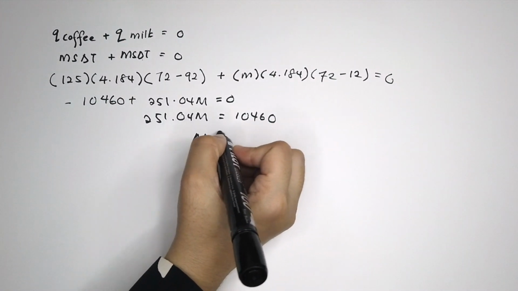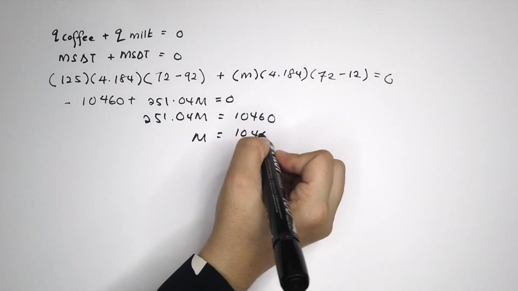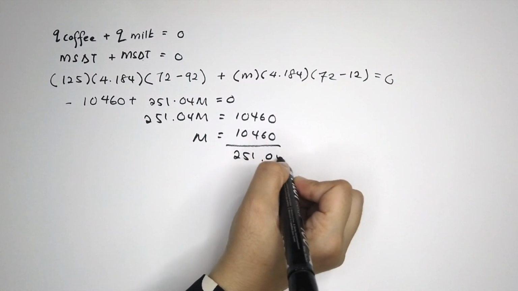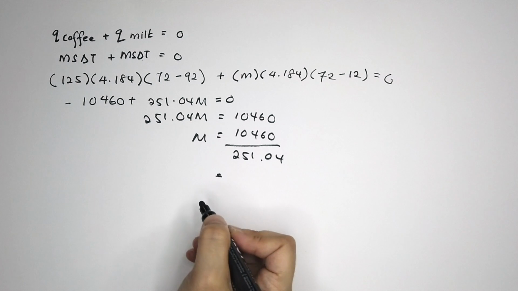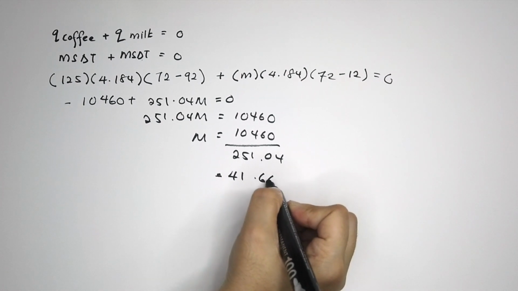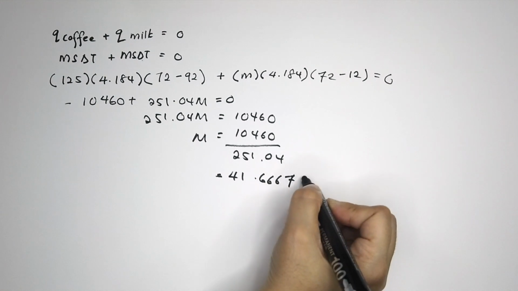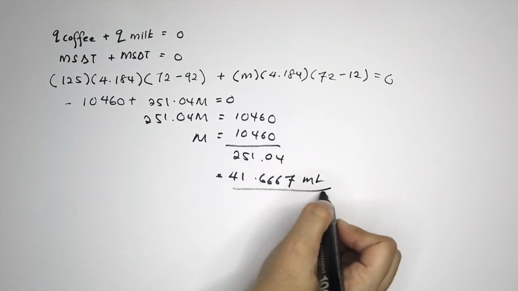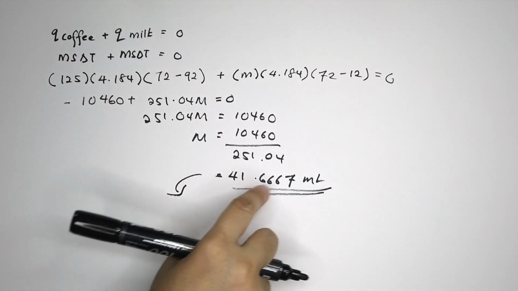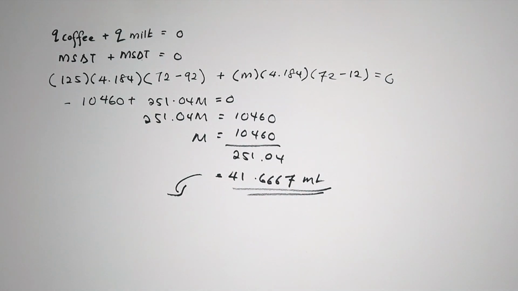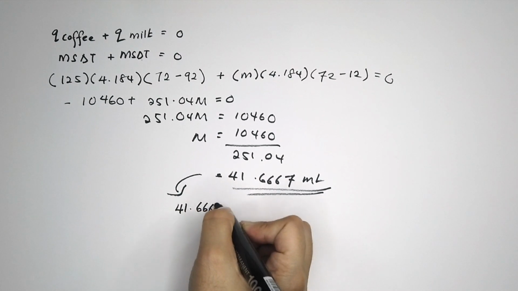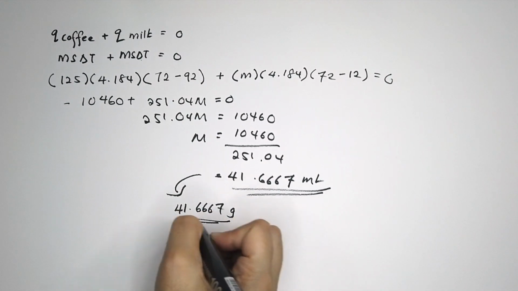Therefore your m is equivalent to 10460 divided by 251.04. So you should get the mass is equivalent to 41.6667. Since you want the volume, 1 milliliter is equivalent to 1 gram, so it shall be 41.6667 grams.